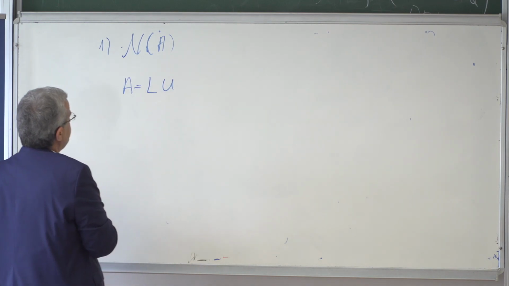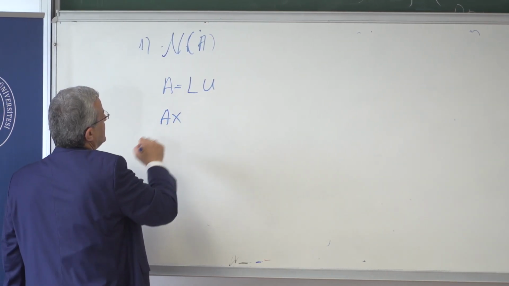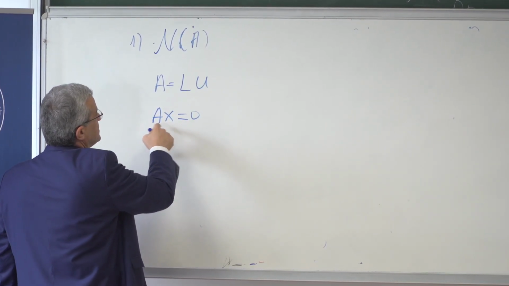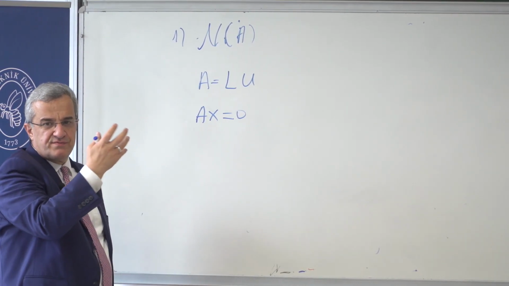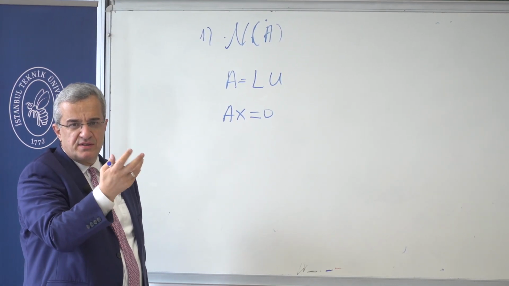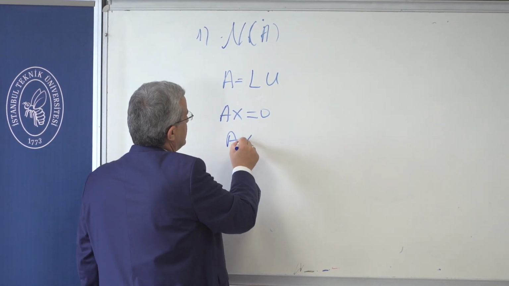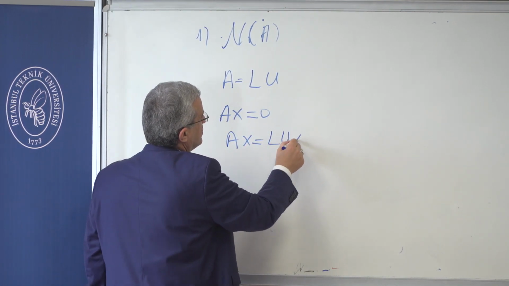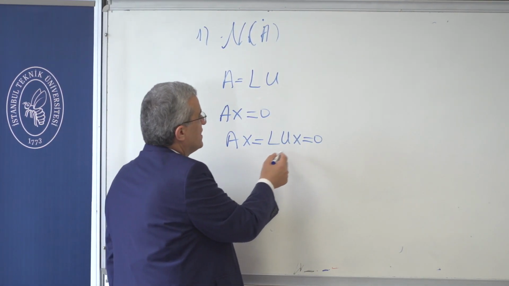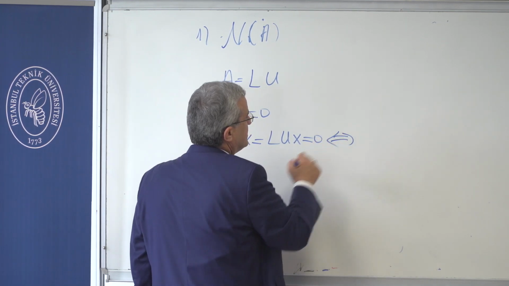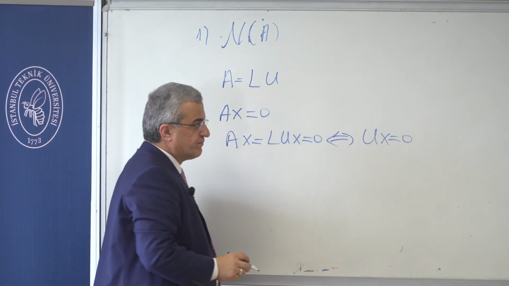Null space of A means, what was it again? The solution of this system. The set of all x vectors spans the null space of A, right? So Ax equals LUx, which is equal to 0, okay? Since L is invertible, this is equivalent to saying Ux equals 0.